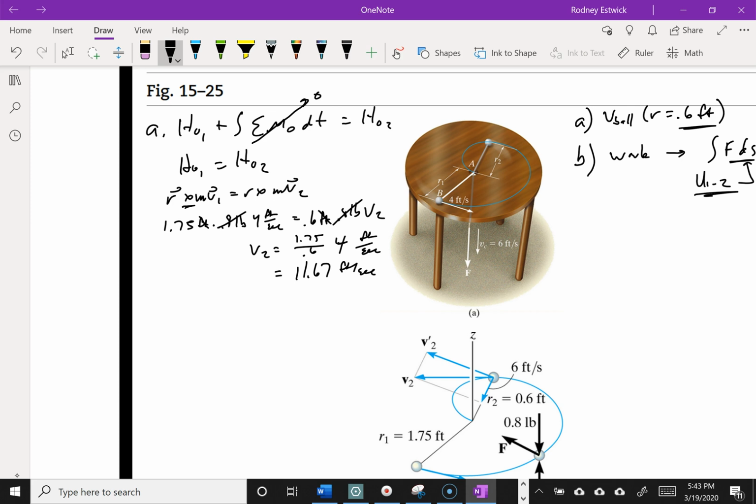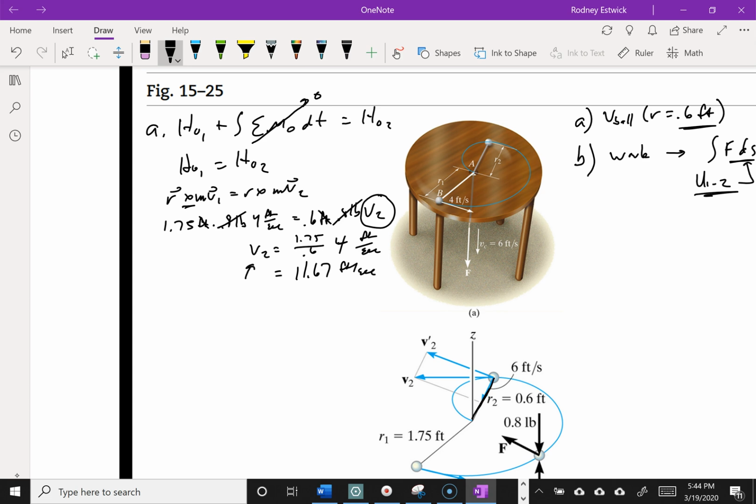But you have to be careful. What is V2? What did we just calculate as V2? We calculated the angular momentum. So this term is only the component of speed that is perpendicular to the radius.